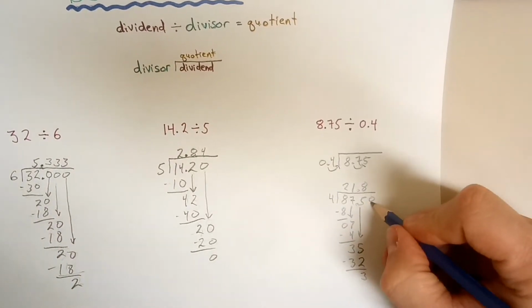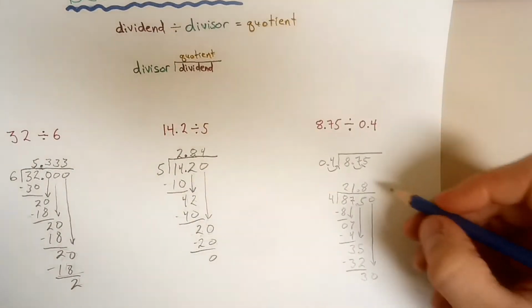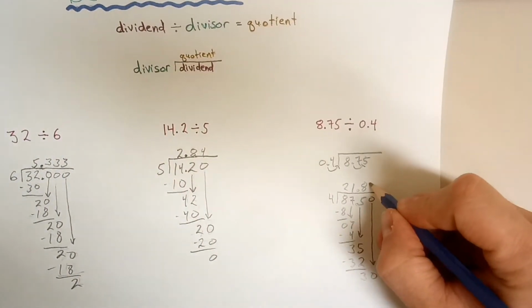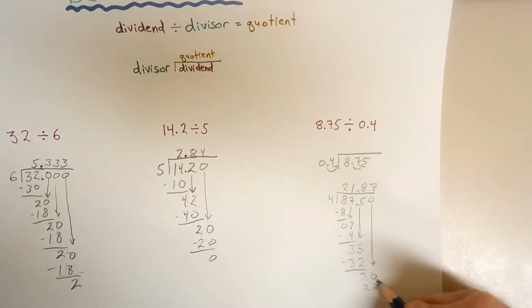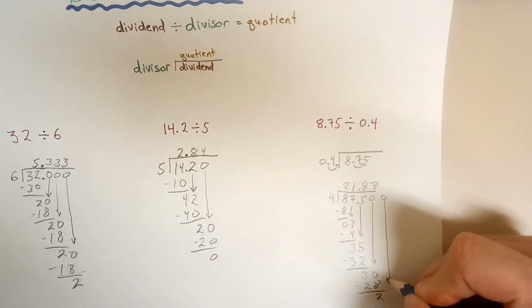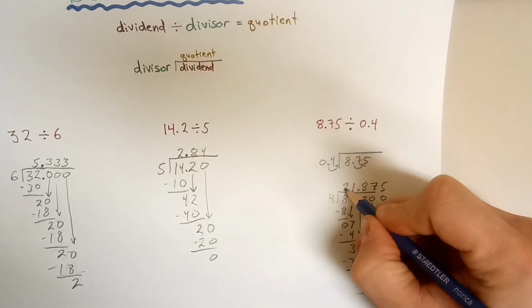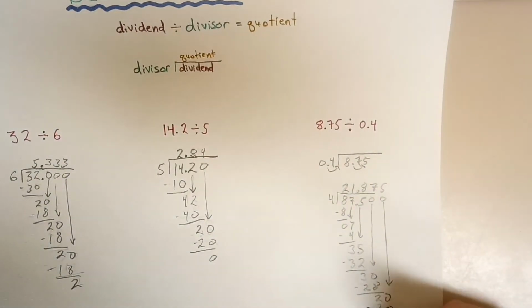add a 0. Bring it down. How many times does 4 go into 30? I believe it is 7 times. 7 times 4 is 28. Remainder of 2. Add a 0, bring it down. 4 into 20, 5 times. 5 times 4 is 20.